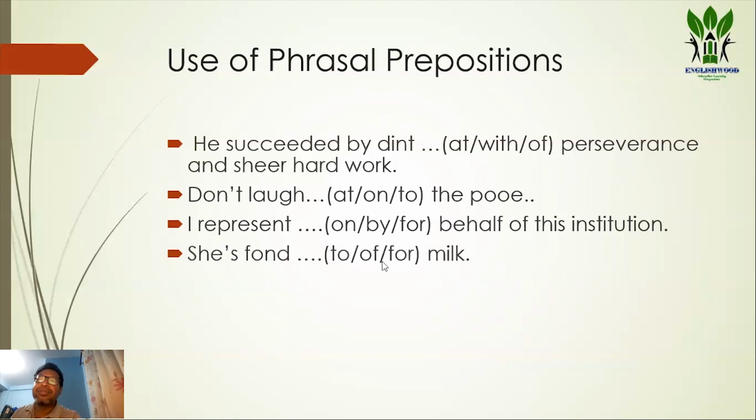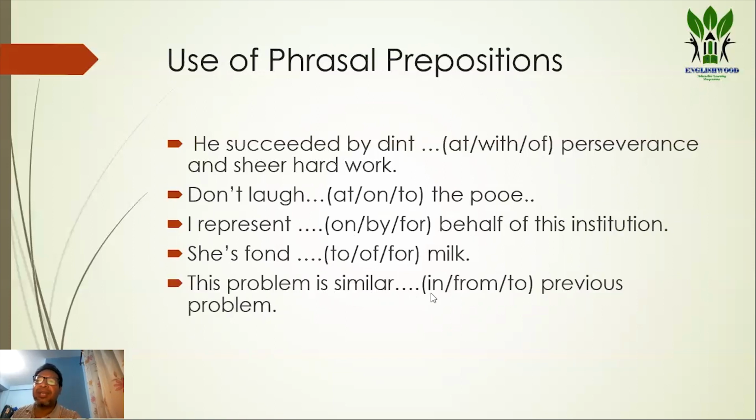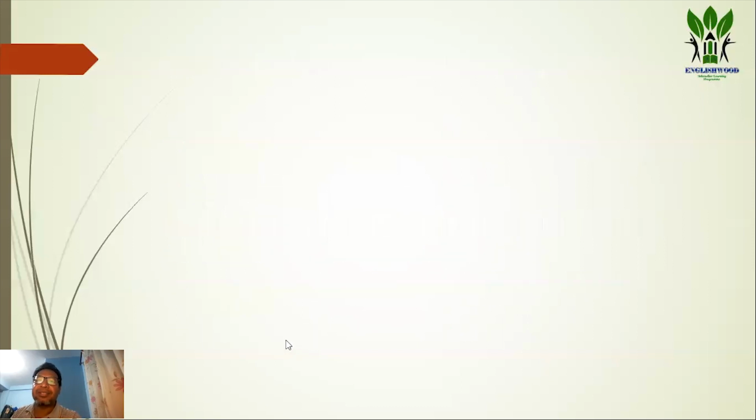She is fond of milk, not fond to milk or fond for milk, but the prepositional phrase says fond of milk. This problem is similar to the previous problem, and this problem is different from that one.